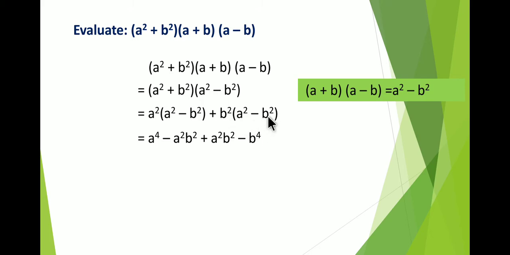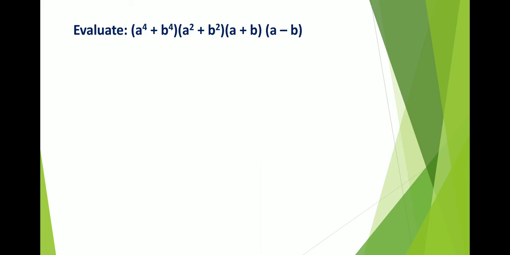The power gets added up, 2 plus 2 is 4. Now here again, the two terms with the two different signs, a squared b squared plus and minus, get cancelled. So we get a to the power 4 minus b to the power 4.